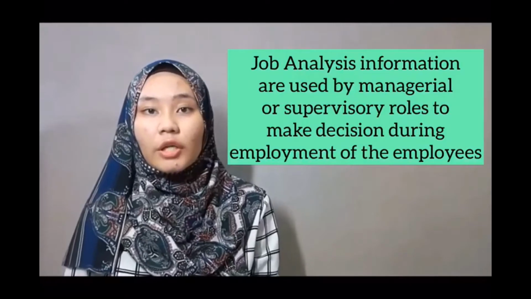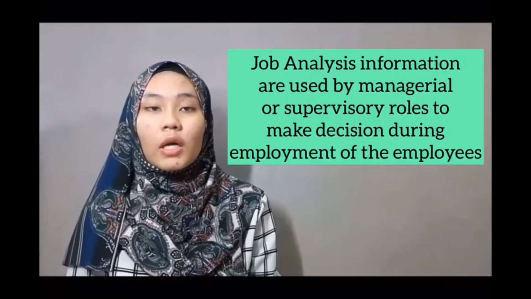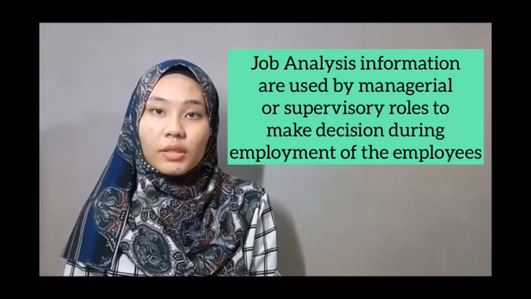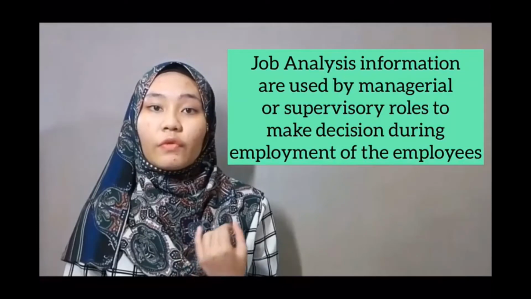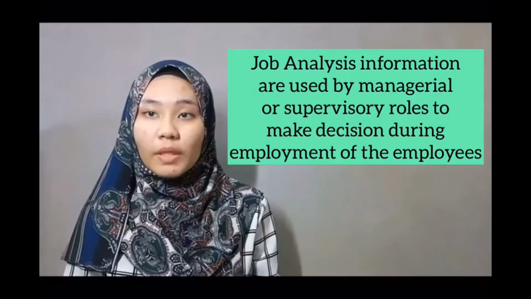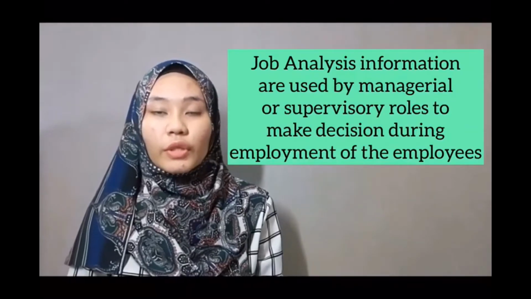So, job analysis information are used by managerial or supervisory roles to make decisions, especially during employment of new employees, review of employees' performance, as well as to determine promotion and rewarding for employees.